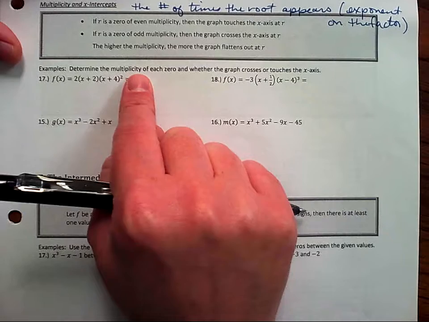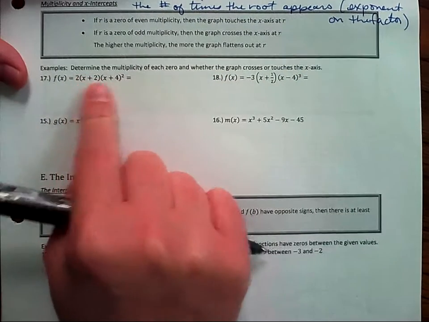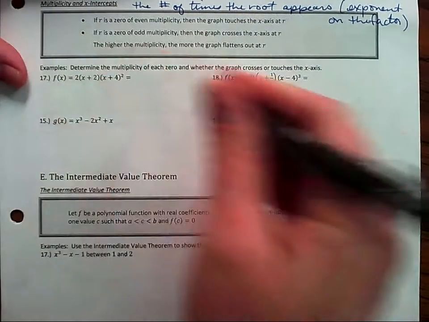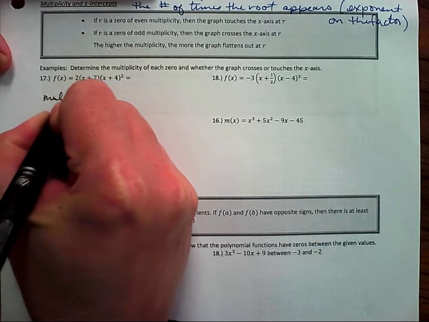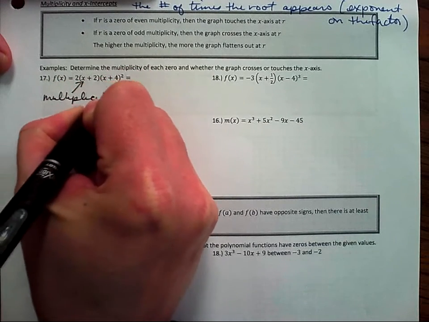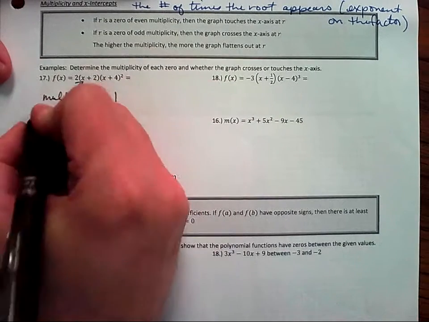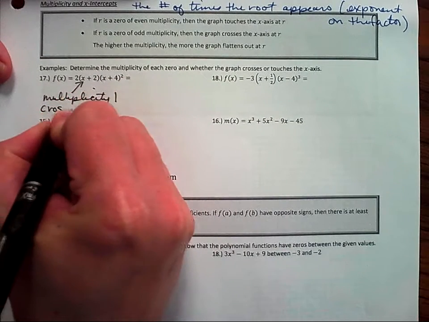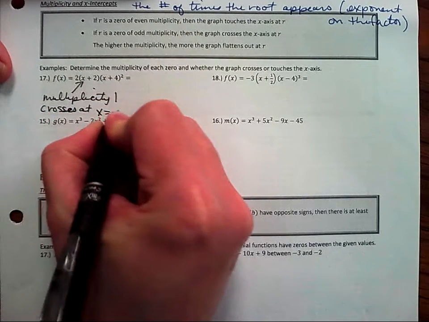So determine the multiplicity of each zero and whether the graph crosses or touches the x-axis. Here I have multiplicity 1. So the root x plus 2 equals 0. It crosses at x equals -2.